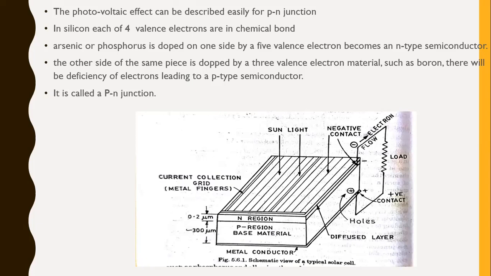On the side where I dope the silicon with arsenic or phosphorus, silicon has four valence electrons while arsenic and phosphorus have five. So the side that is doped will have excess electrons, and it becomes an n-type semiconductor.